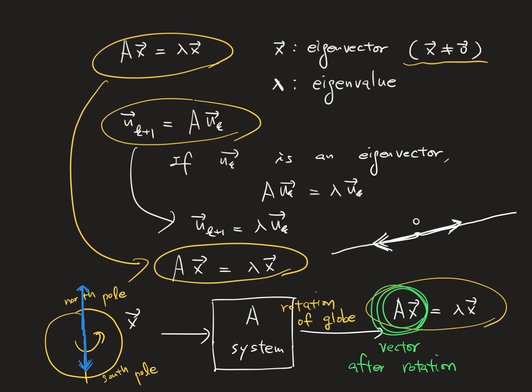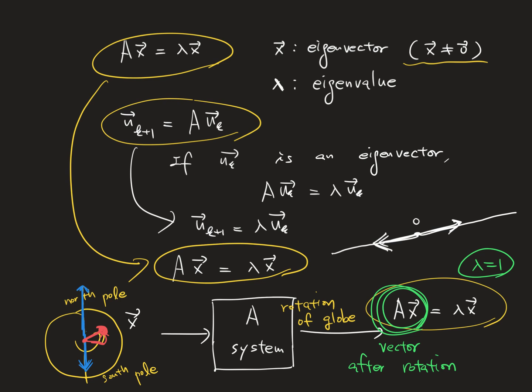So in this rotation, lambda is equal to 1 because there is no change, and x is just any vector on the rotation axis. For example, if we think about a vector here, maybe some country, and you rotate the globe, it will change direction.